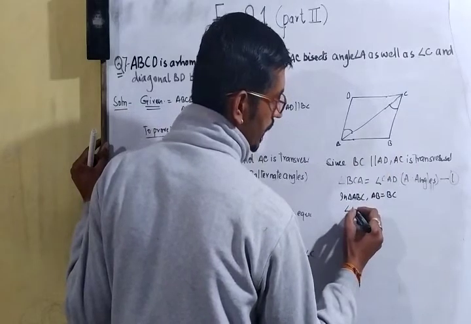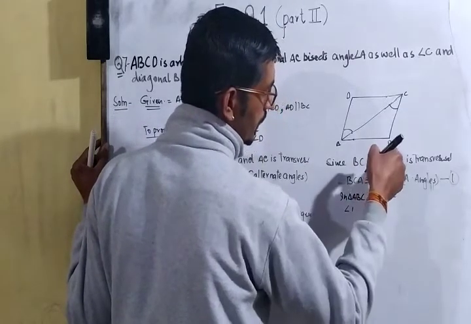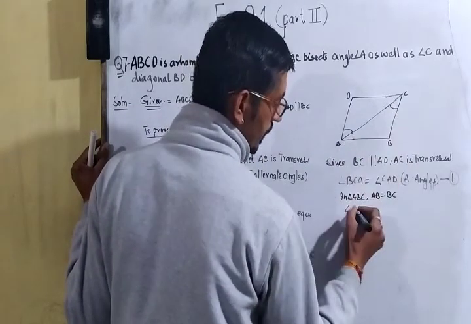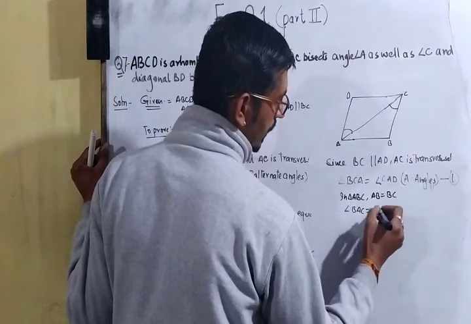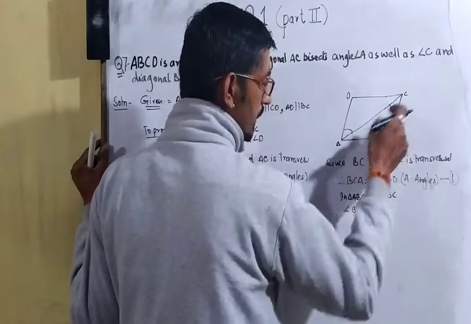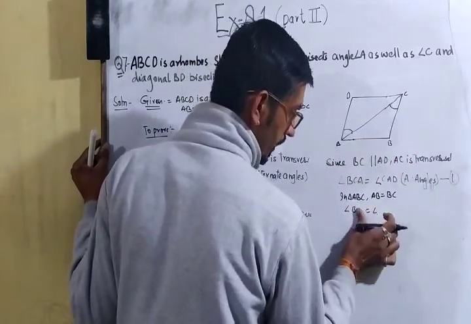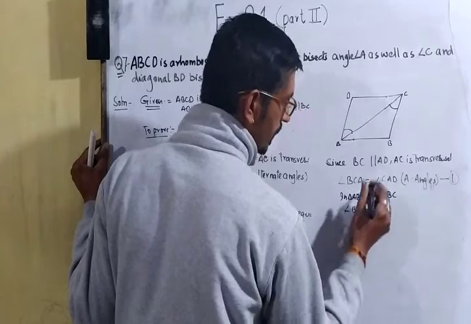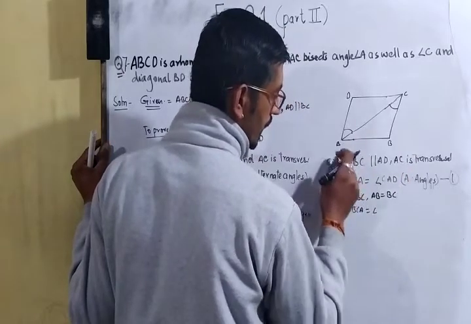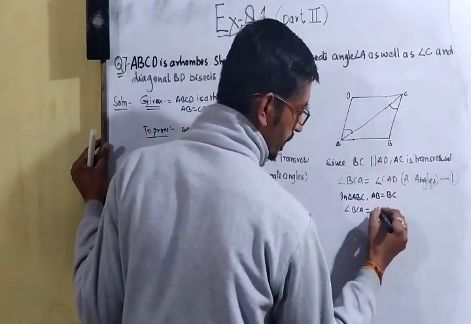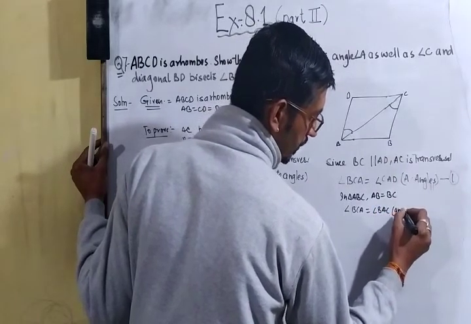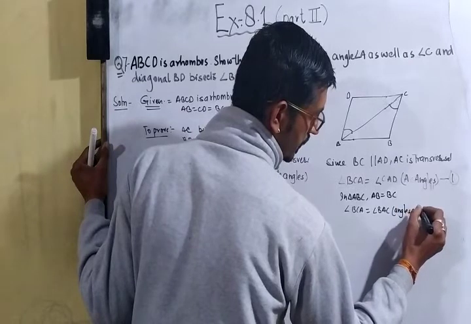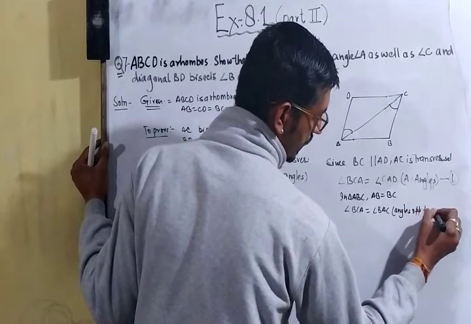Angle BAC is equal to angle BCA. Here you write BCA. BCA is equal to angle BAC. Okay? Why? Angles opposite to equal sides.